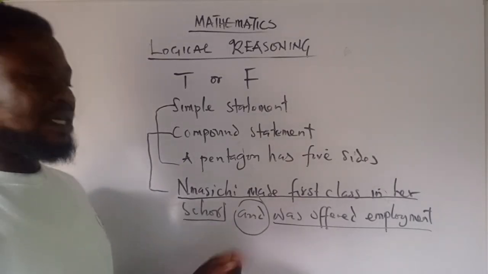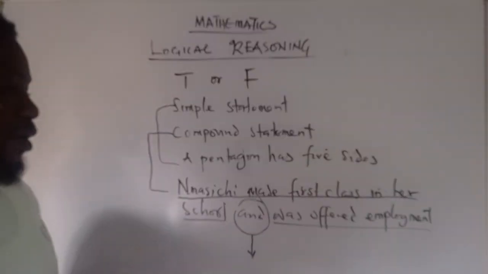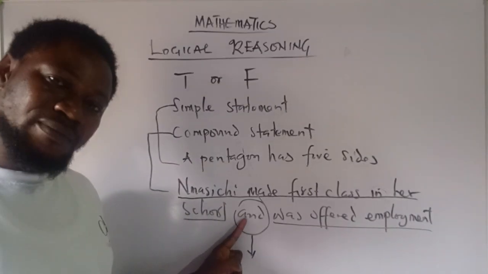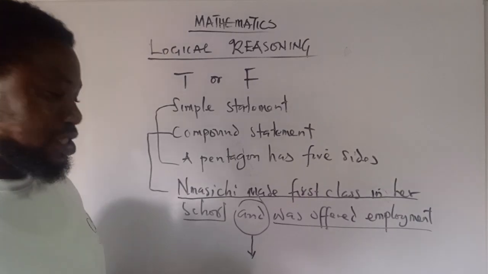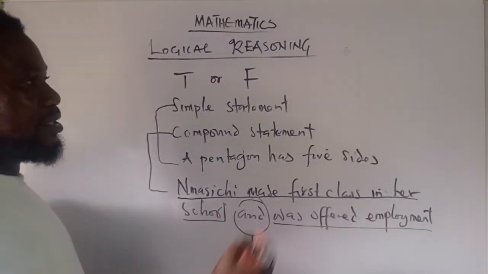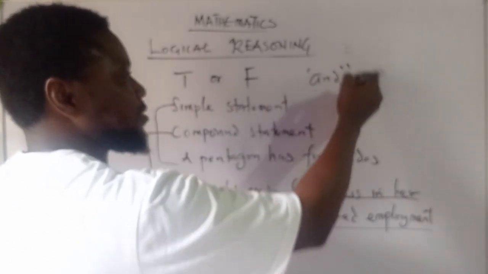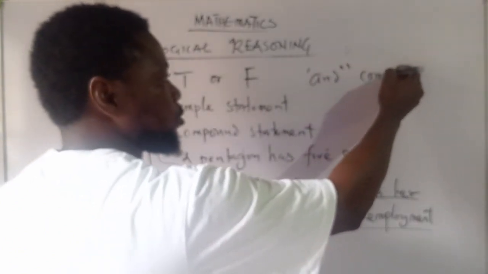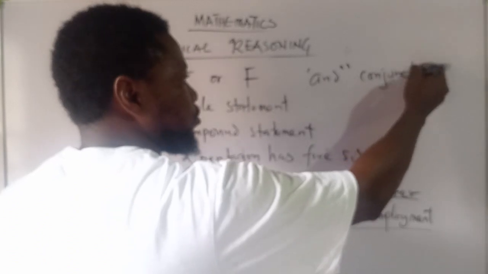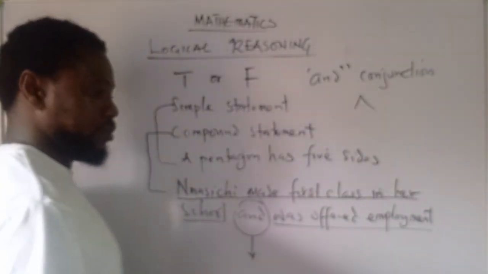And as such, this and is very important in logic. That is why we call it a connective. And in logic, this connective and is called conjunction, and it is represented with this symbol.